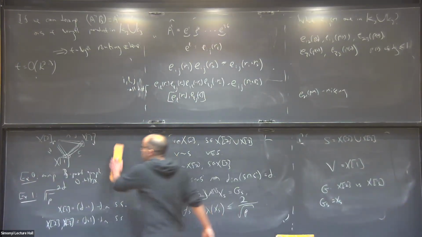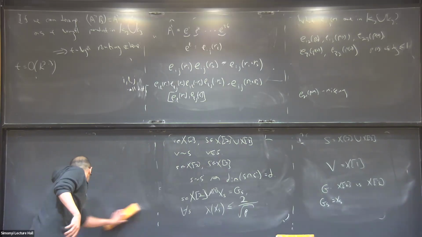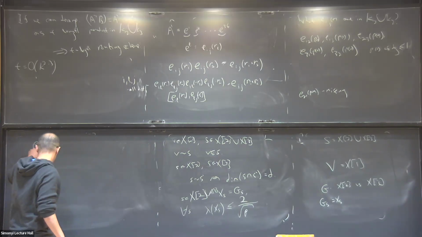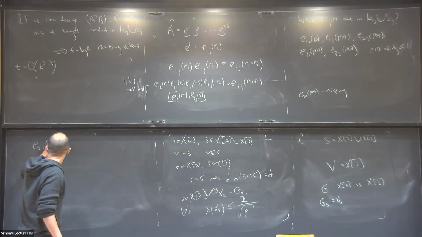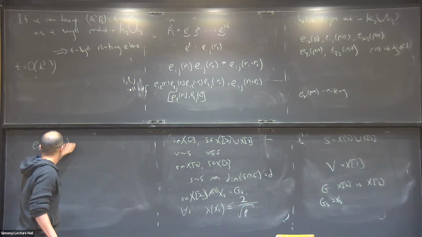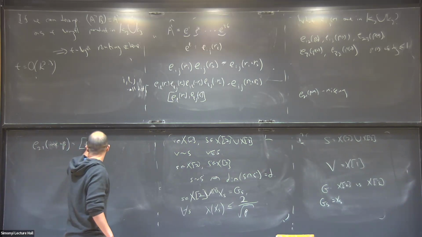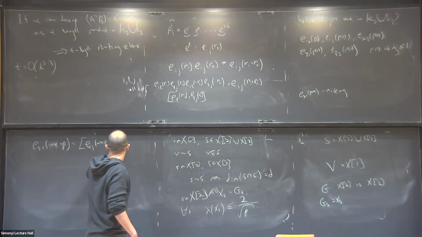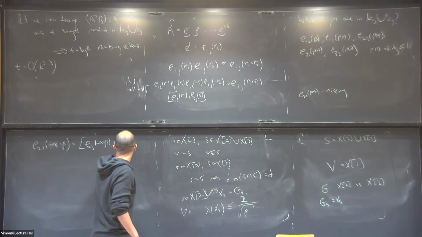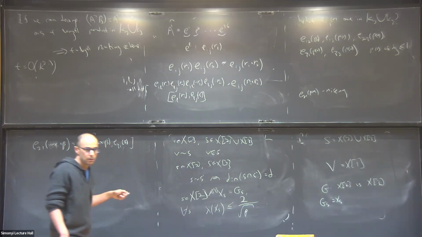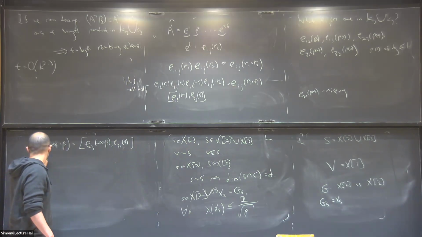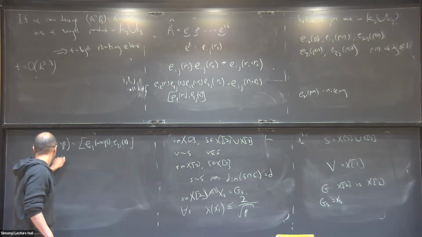If I want to write E21 of, let's call it, alpha x plus beta, I can just write it as the commutator of E23 of alpha x plus beta with E31 of the polynomial which is 1. So this matrix costs 4.